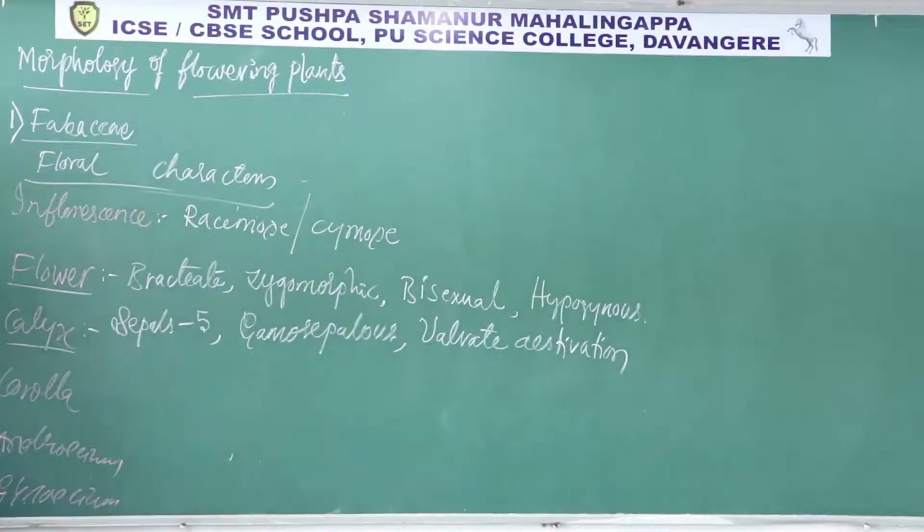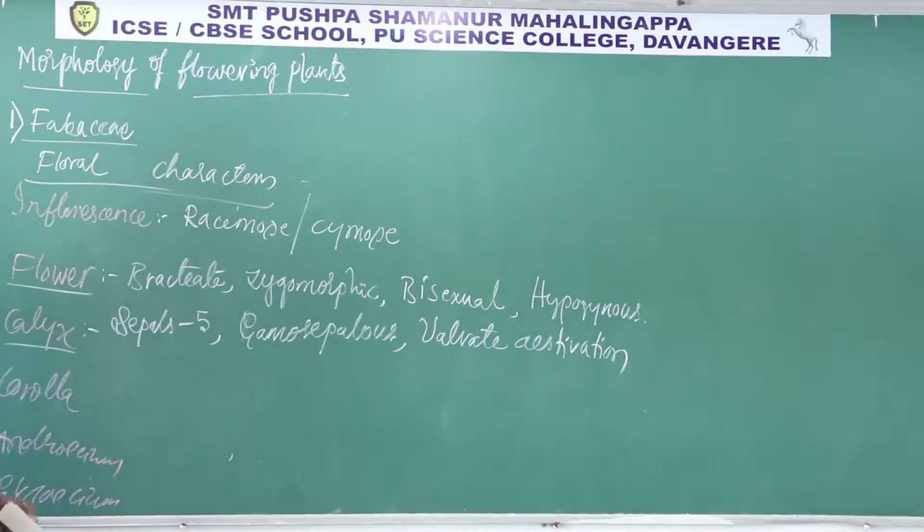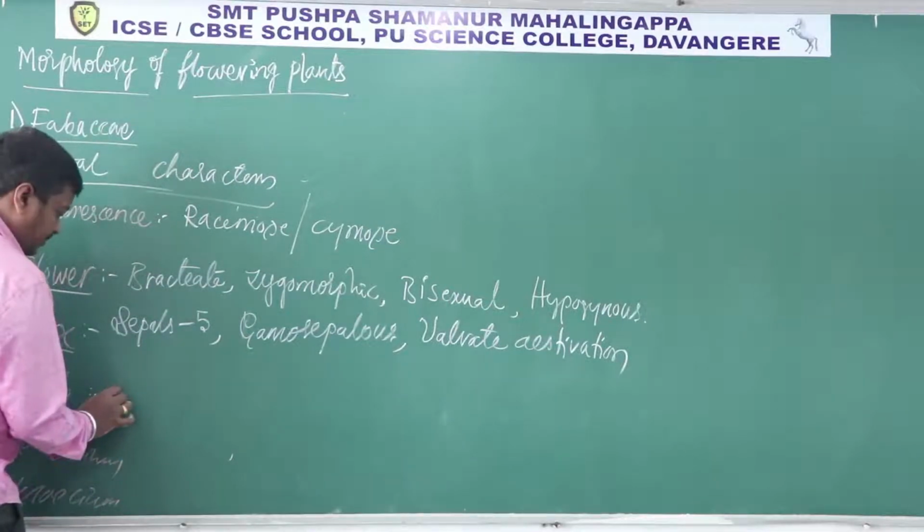Okay, so valvate means all the sepals are arranged side by side without any overlap. So that is valvate estivation. Okay, next come to the corolla character. So here the corolla is very peculiar. Number of petals is 5.